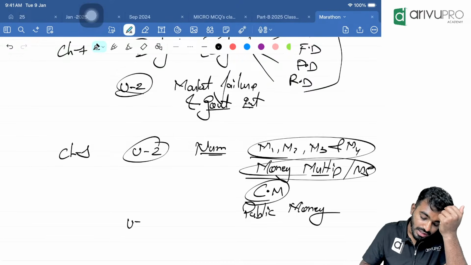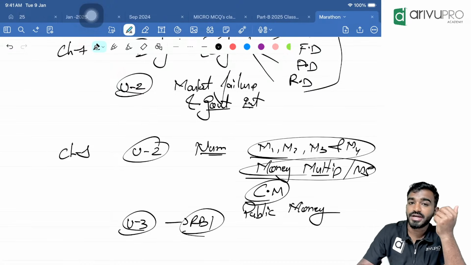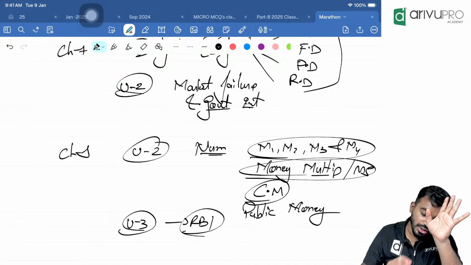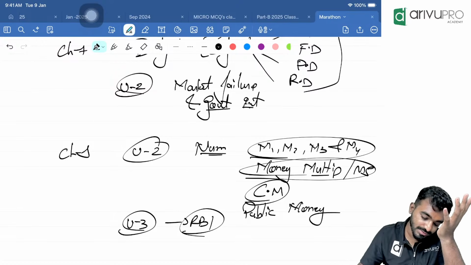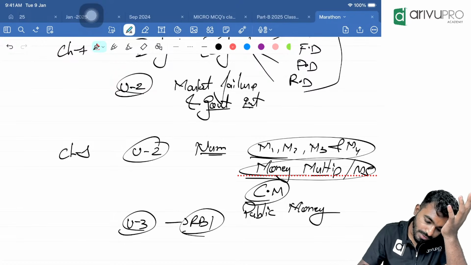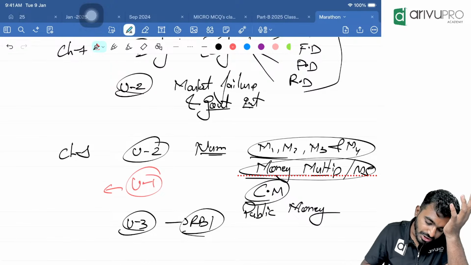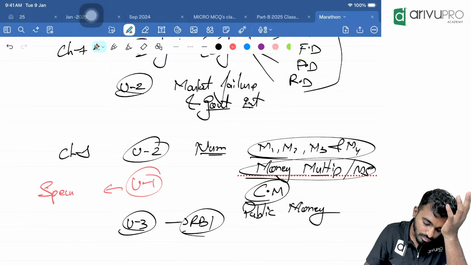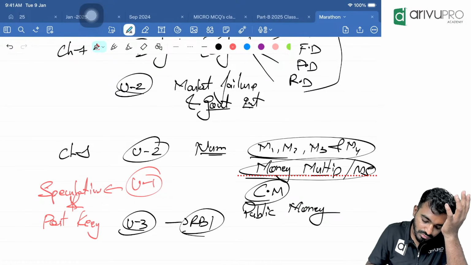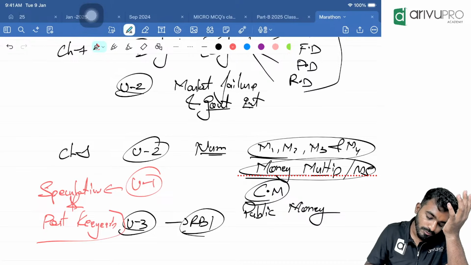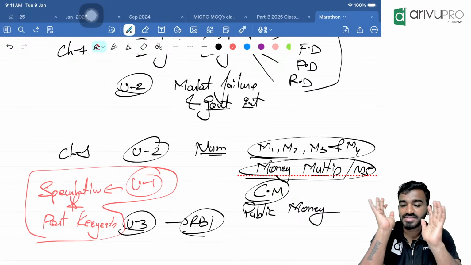And in unit 3, especially RBI concepts, quantitative, qualitative, that is the important one. In unit 1, if I have to speak Keynesian theory, especially in unit 1, Keynesian, speculative money and post-Keynesian. This is where most of the questions come from in chapter 8.